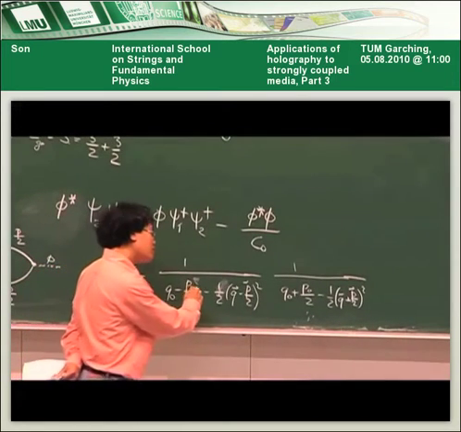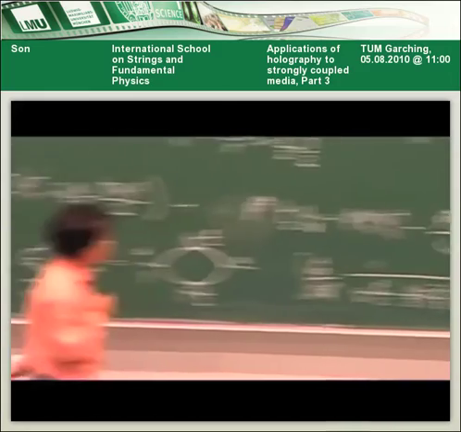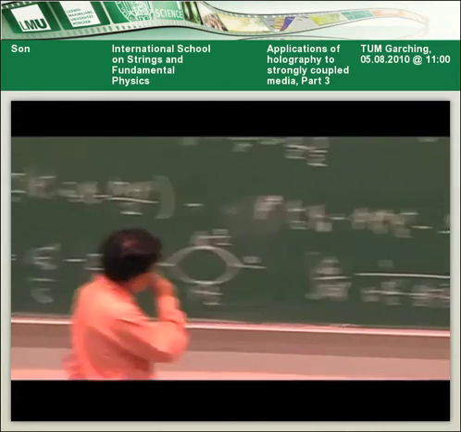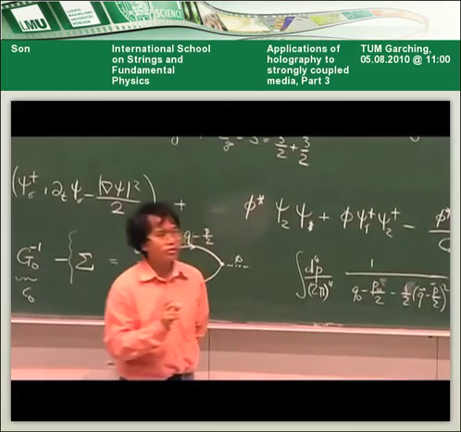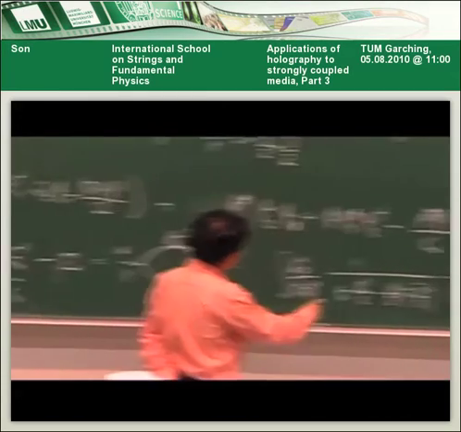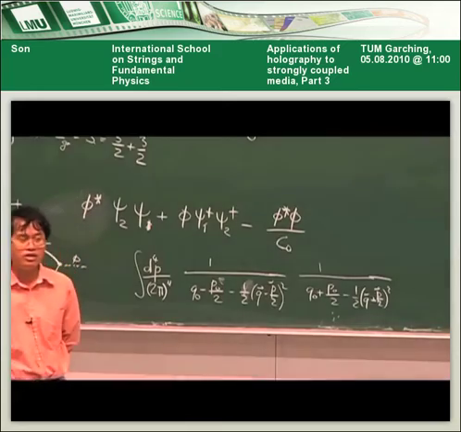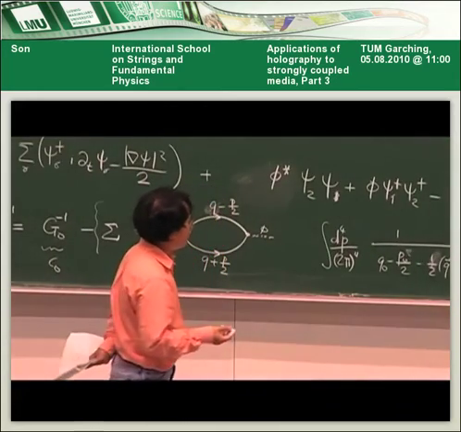You can count the dimension and convince yourself that the integral is divergent. In counting the dimension, we have to remember that we are in the non-relativistic world. So p0 is counted as momentum squared. The energy is momentum squared.